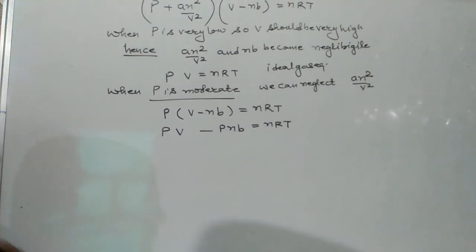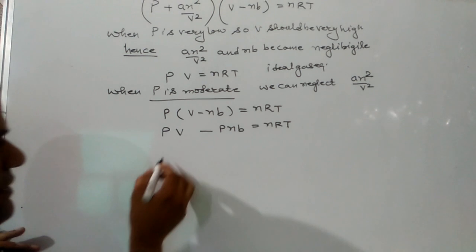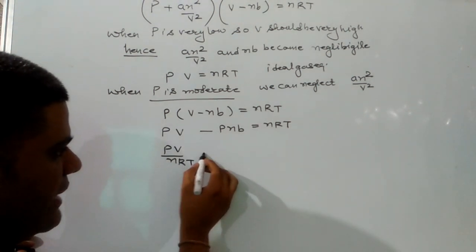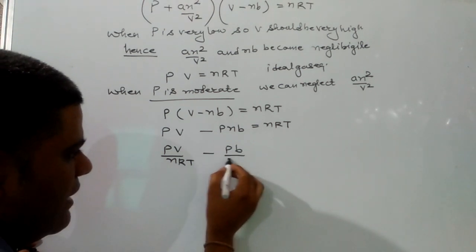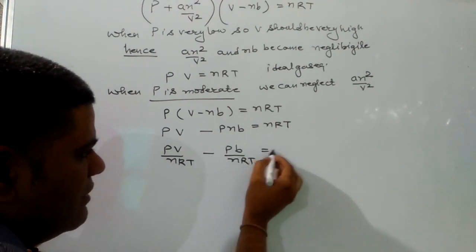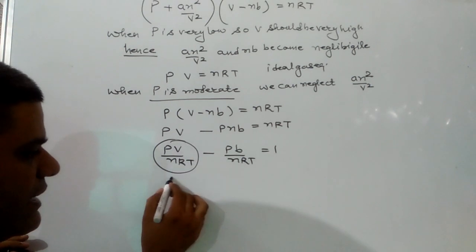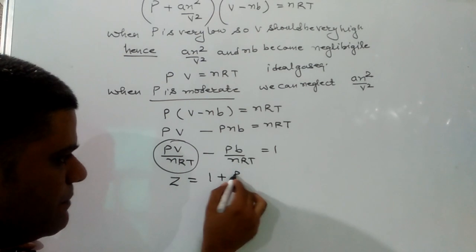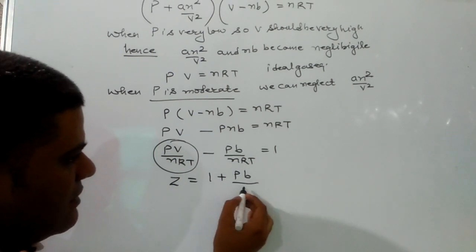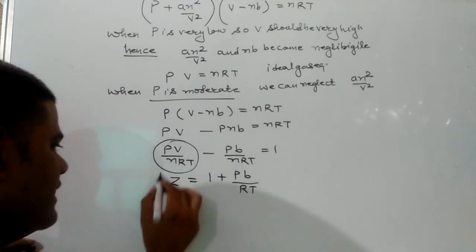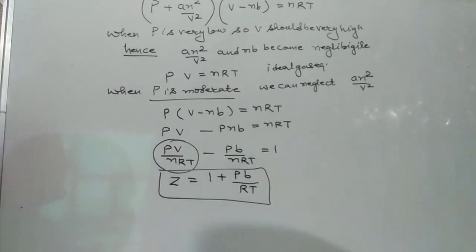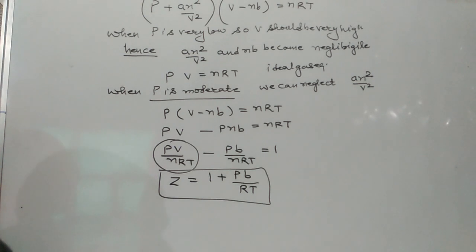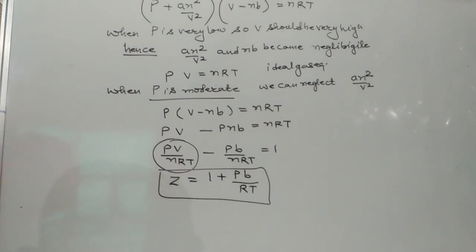Now dividing both sides by nRT, we will get PV upon nRT minus Pb upon RT is equal to 1, and PV upon nRT is Z, the compressibility factor, and that should be equal to 1 plus Pb over RT. This will be the required equation. When pressure is moderate, then the value of Z should be equal to 1 plus Pb over RT. This question has been asked in your competitive exam.